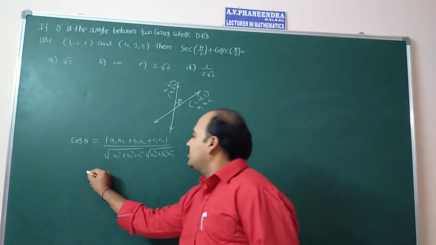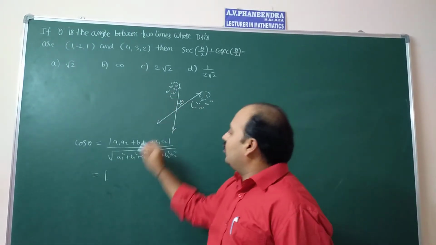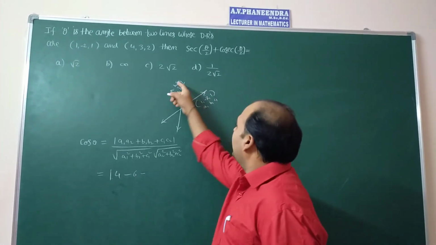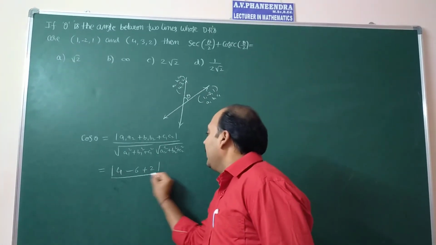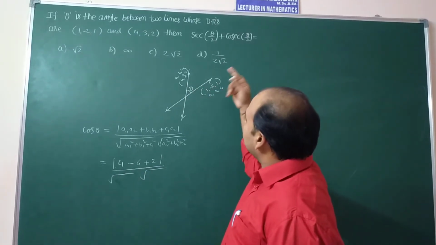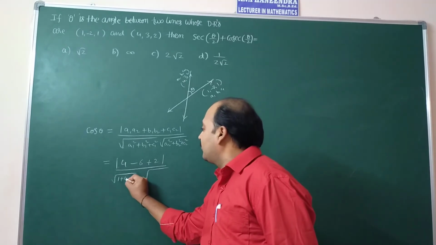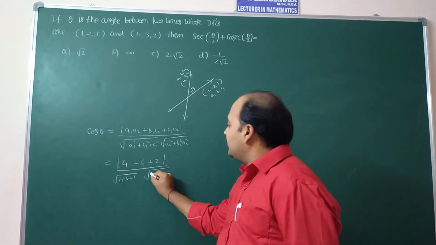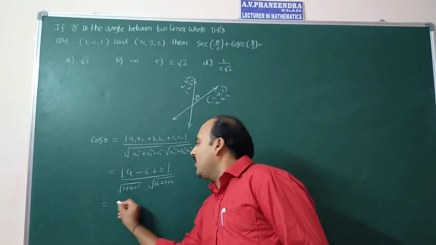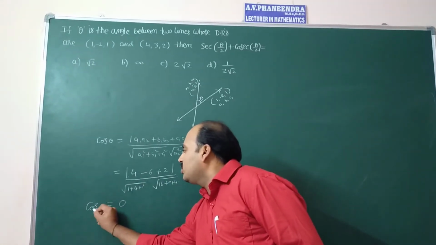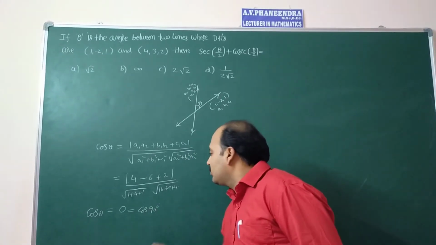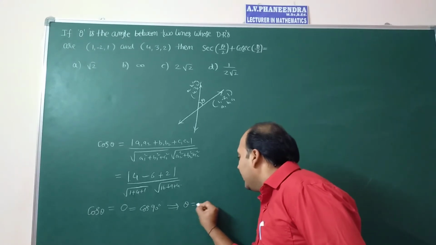Substitute the respective values. 1 into 4, minus 2 into 3, 1 into 2, by square root of 1 square plus minus 2 square plus 1 square, that means 1 plus 4 plus 1, into square root of 16 plus 9 plus 4. 4 minus 6 plus 2 is 0, and 0 by anything is 0. Cos theta is equal to 0, which is equal to cos 90. So that implies theta equals 90 degrees.